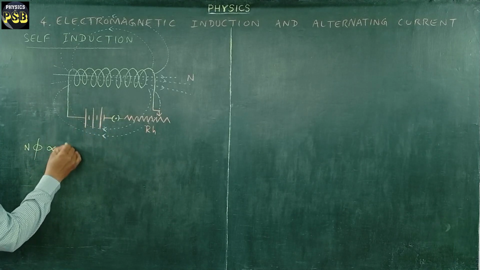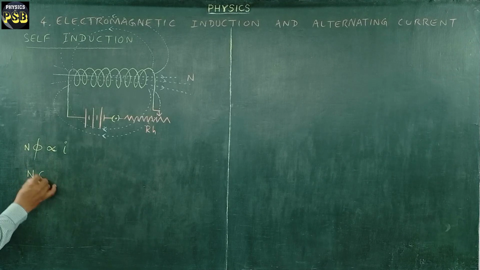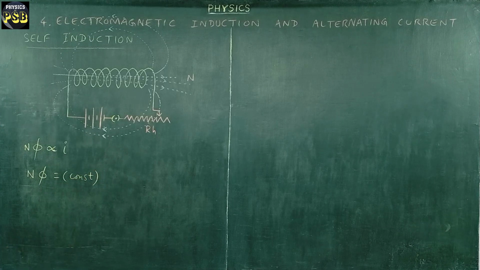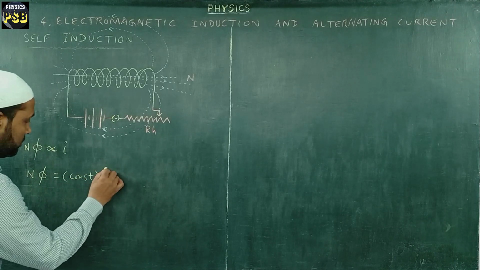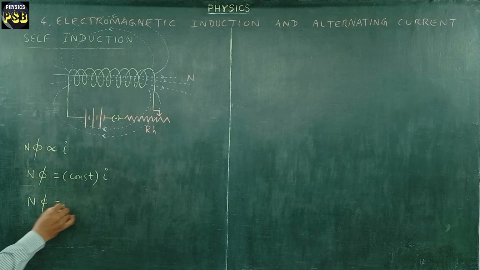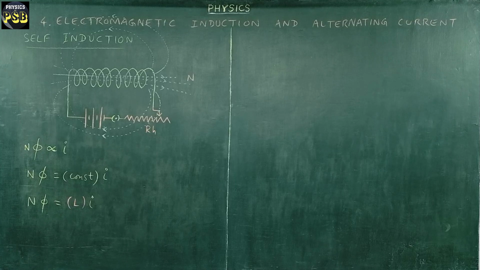The current flowing through the coil is taken as I. To remove this proportionality, I have to include a constant along with the equal to sign. This constant is called the constant of proportionality. I name this constant L, and here L stands for self-inductance of the coil. It is also referred to as inductance.